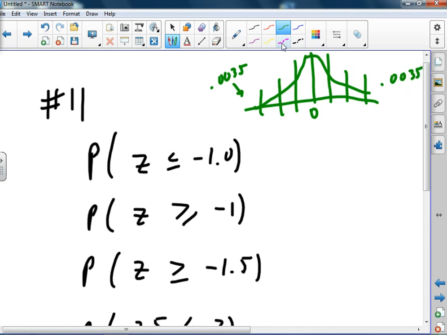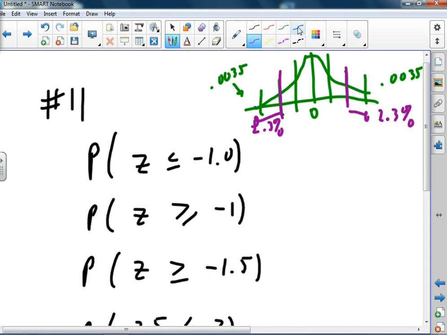And when I look at 2 standard deviations, I have 95.4, which means I have 4.6 left. Half of 4.6 is 2.3%. So I have 2.3% that way and 2.3% this way.